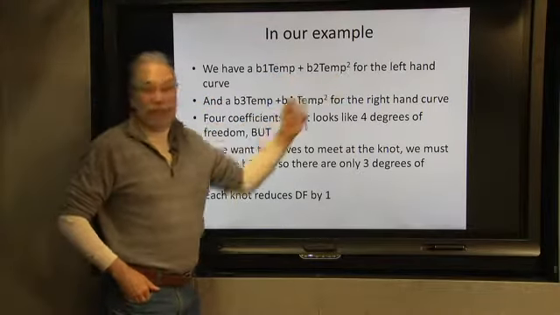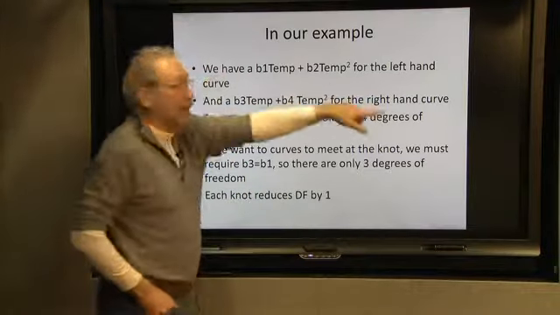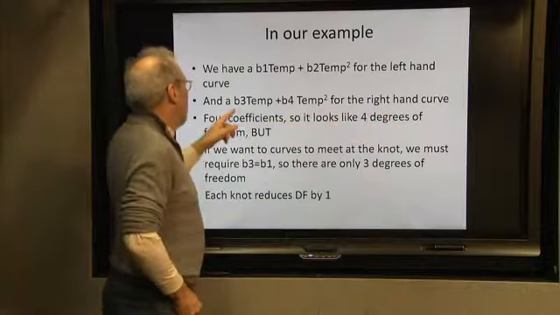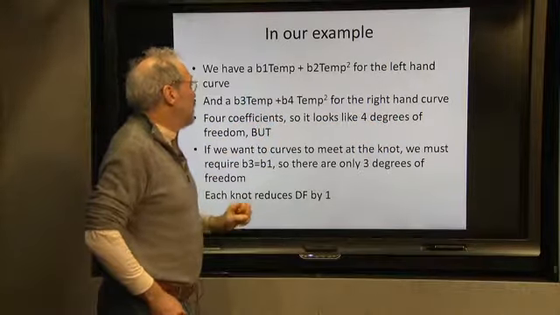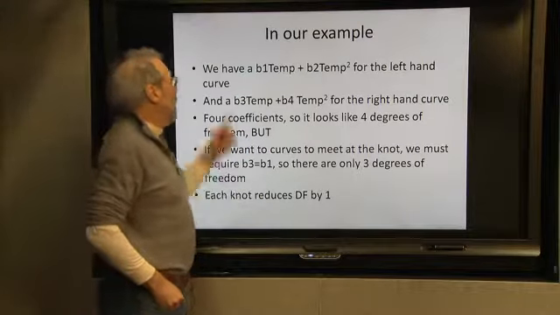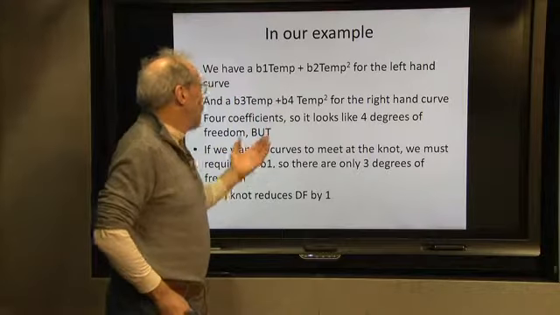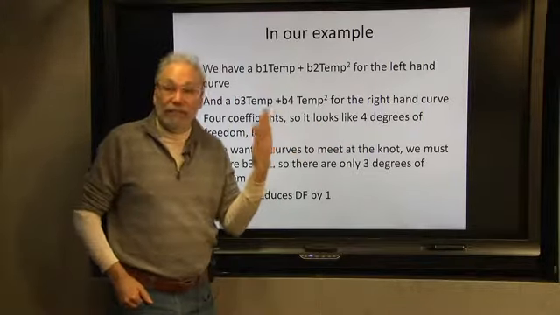I have B2 times temperature squared. I do the same thing on the other side. For hot days, I have two different coefficients. Let's call them B3 and B4 for the right-hand side. Well, I've got 1, 2, 3, 4 coefficients. So it looks like I'm using 4 degrees of freedom.